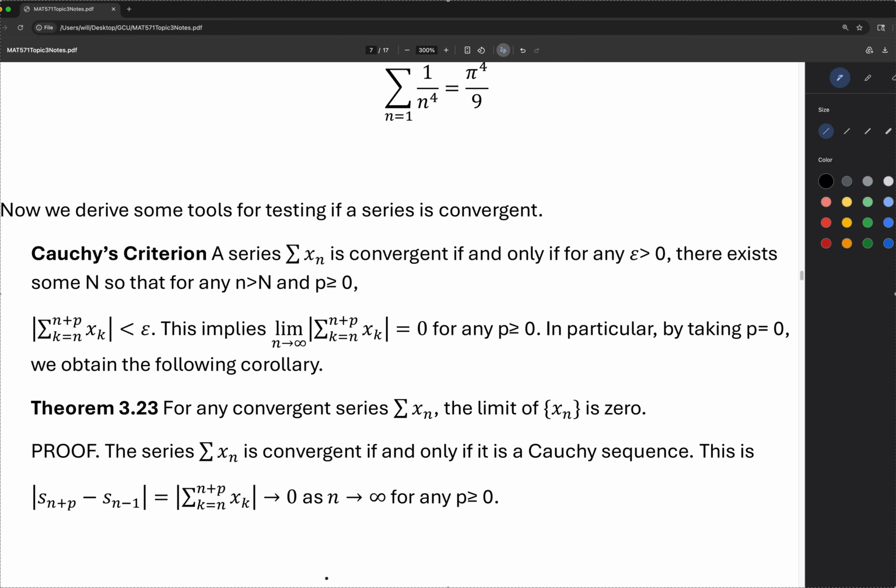It simply says a series is convergent if and only if for any epsilon greater than 0, there exists some uppercase N so that for any lowercase n greater than uppercase N, and for some p greater than or equal to 0, such a sum starting from n all the way to n plus p is less than epsilon, and that is the Cauchy's criterion.